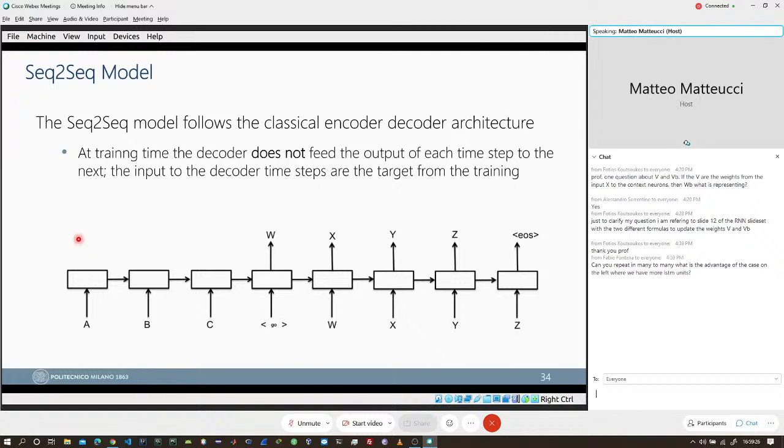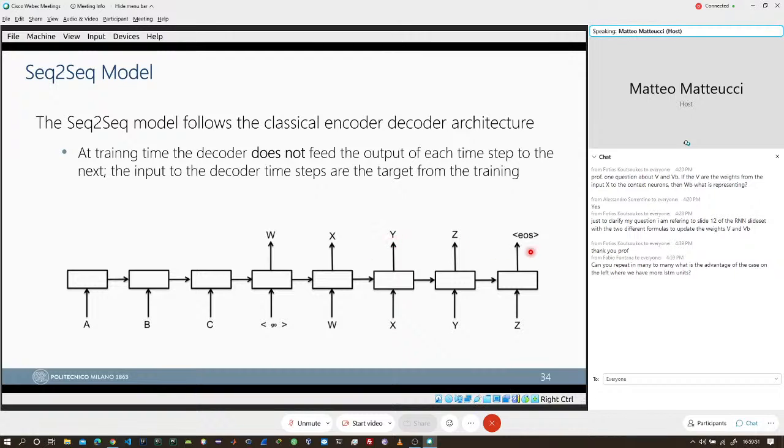This is for machine translation, this is for question answering, and so on. Basically, you have an input, which is a sequence, for instance in this case A, B, C, and you have an output, which is another sequence, for instance W, X, Y, Z, and that's it.